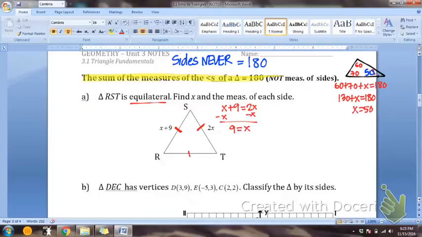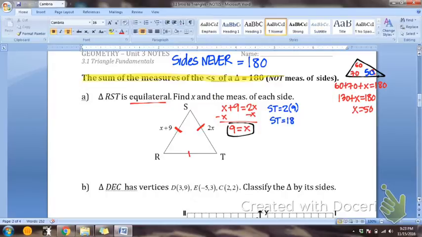That's the first part of the problem. Then it says find the measure of each side. It doesn't matter which side I choose because they're all going to be the same. So I just picked ST. ST is represented by 2x, but instead of x, I'm going to put in my 9. So I'm plugging it back in. 2 times 9 is 18, so ST is 18.